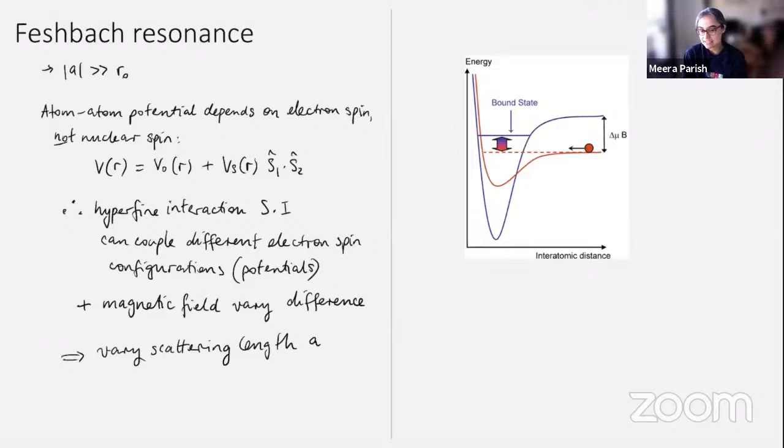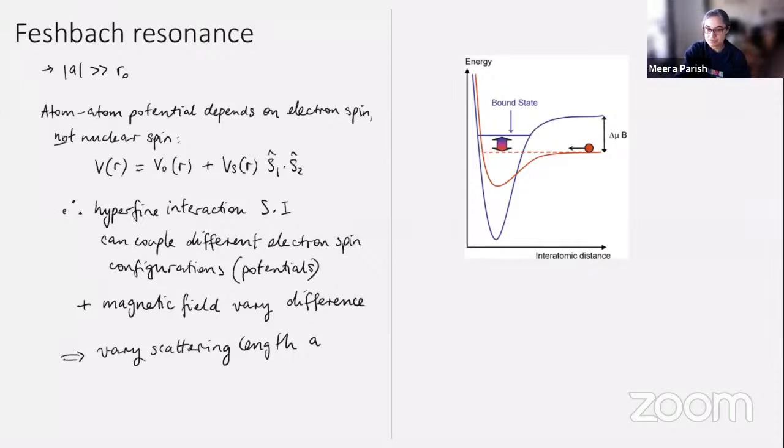So you need 3 atoms to do this, and that tends to be suppressed if you have a very dilute gas. The other question is about matrix elements. If the original configuration of your atoms has a large overlap with your lower lying molecular states, then they're more likely to decay into those.